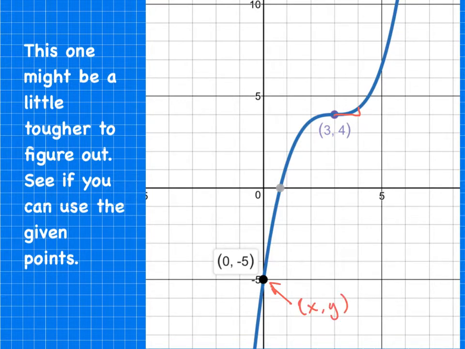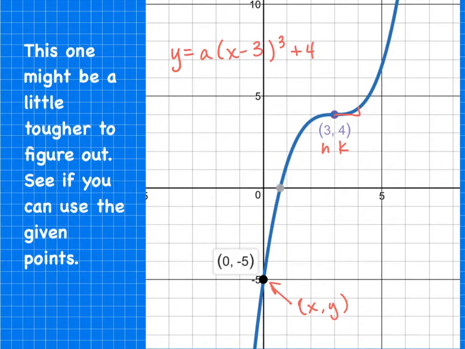So if we write what we think our general equation is going to be, we know this is a cubic, so this is y equals a times x minus h to the third plus k. I know h is 3 and k is 4, so I can take those out and put in 3 and 4.